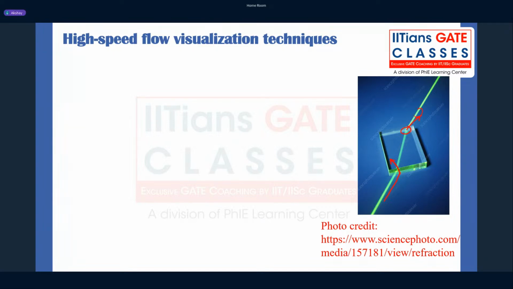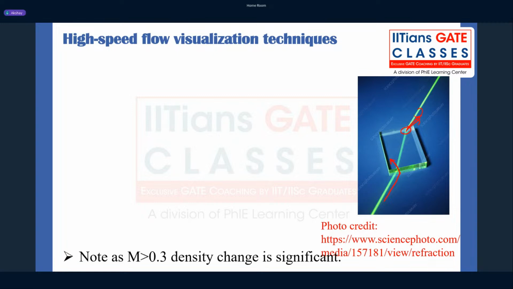That means it always bends towards the denser medium, and when it passes from denser to lighter it bends away. This is a very important concept to keep in mind: what happens when light rays pass through different mediums.